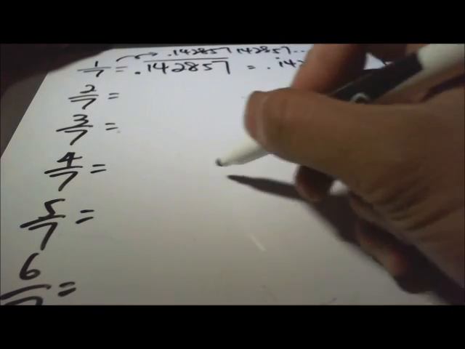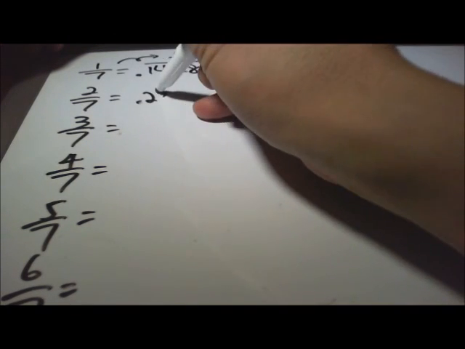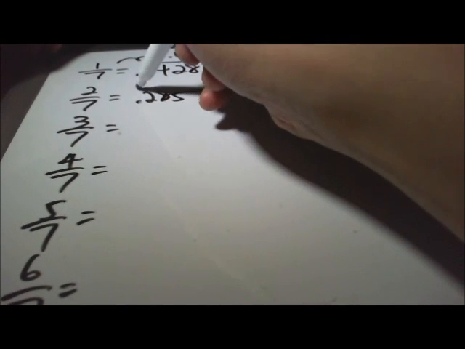The next lowest is 4. The next is 5. The next is 7, and the last, the highest, is 8. So 2/7 starts with 2, so it's 0.2, following the order, 8, so it's 0.285714. 2857 continues back to 14, so it's 285714.